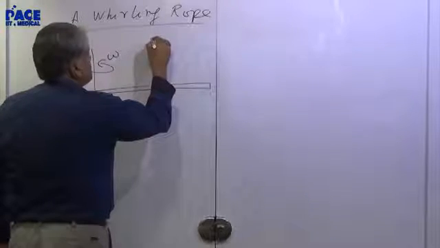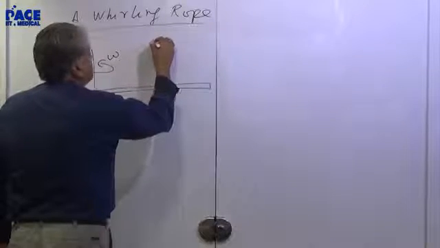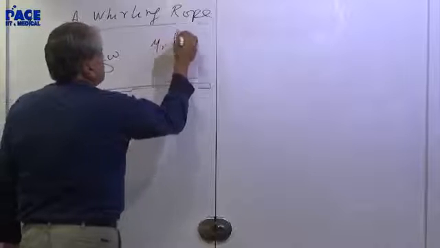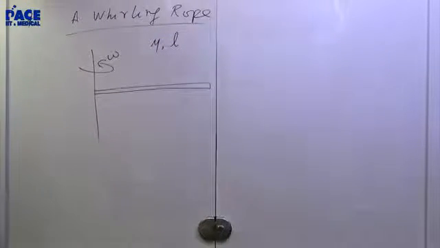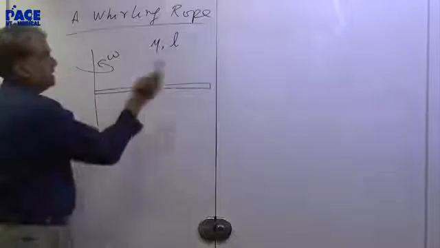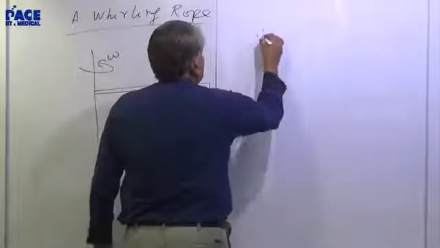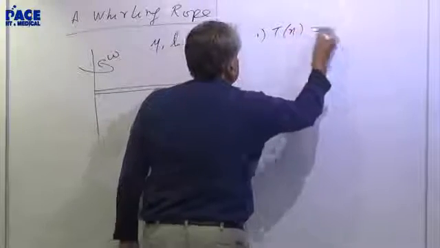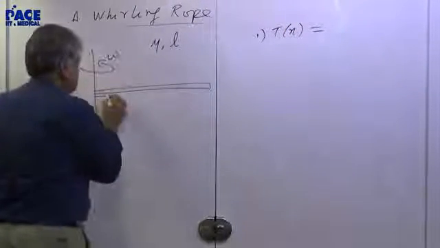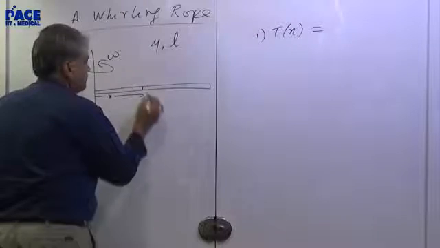Let's say its mass per unit length is mu and its length is L. So this rope is spinning like that. So questions for you. One, what is the tension at any spot x? X is a point away from the center.